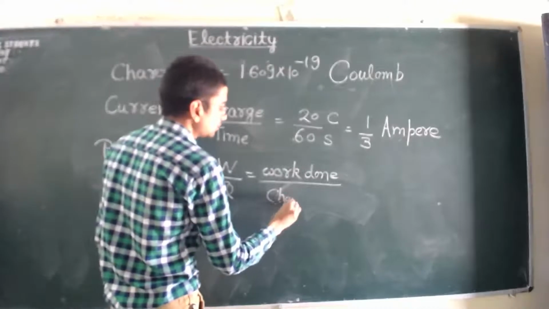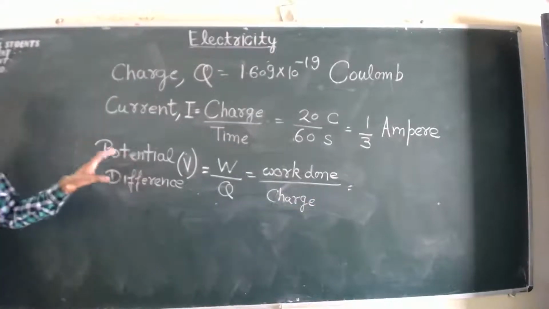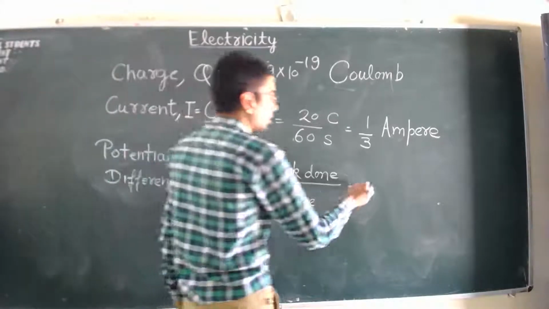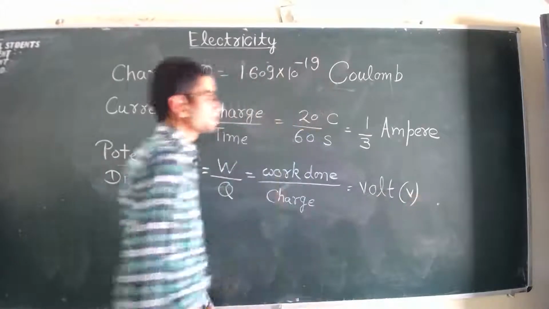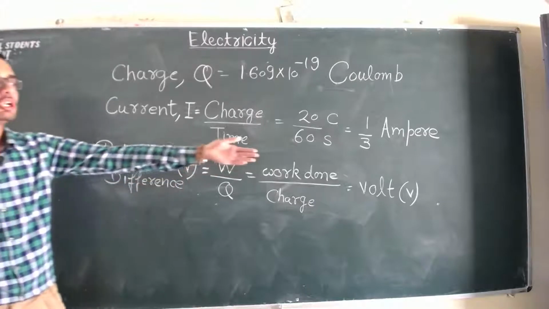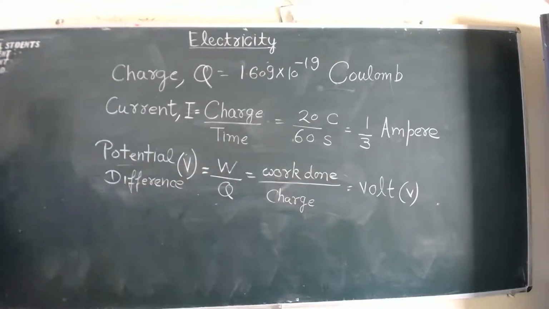This is potential difference, and the unit of potential difference capital V is volt, और volt को हम लिखते हैं small v. The symbol of potential difference is capital V, but the unit is small v, volt. All right.